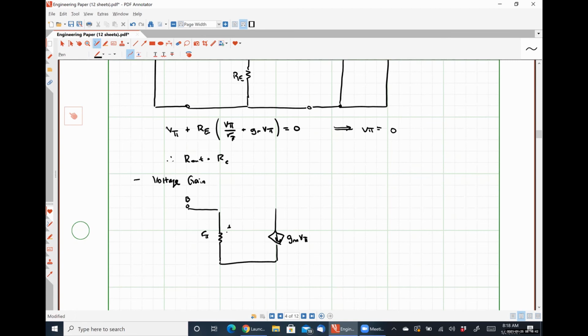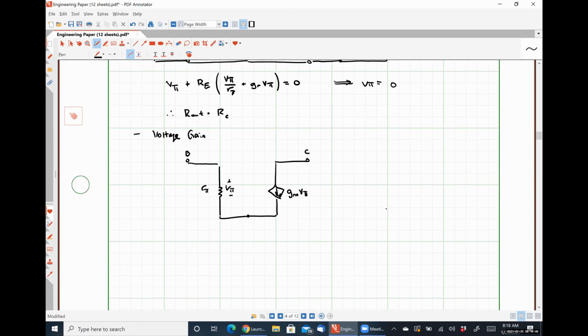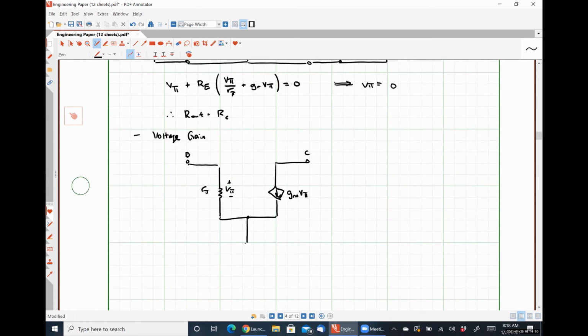Here's R pi, V pi, C, here's my emitter resistance RE. Here's ground.